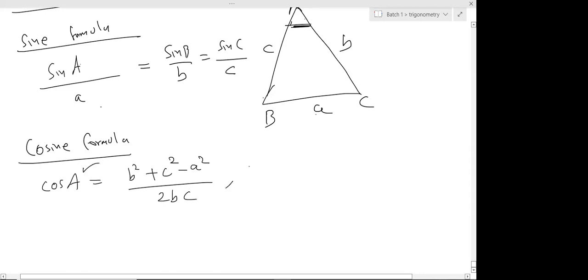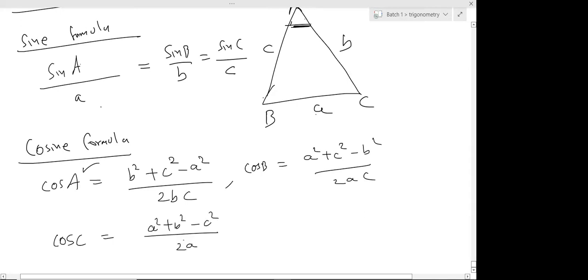Same way we can write cos B is equal to a square plus c square minus b square upon 2ac, and cos C we can find by a square plus b square minus c square upon 2ab. If you remember one formula, then you can remember 3. Whatever angle you are finding, that goes in the negative sign. Have you noted down all the formulas?